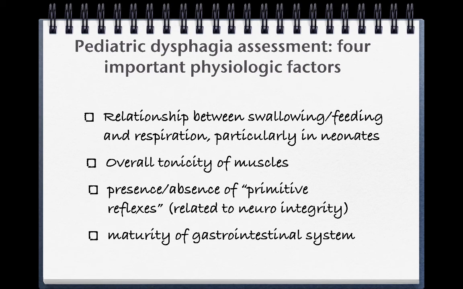The first of those factors has to do with the very intimate relationship between swallowing or PO intake and respiration. Now, this is true of everyone, regardless of your age, but it is particularly true of pediatric cases and the most true of neonates or newborns or 0 to 6 month old infants. That's because of a couple of factors.